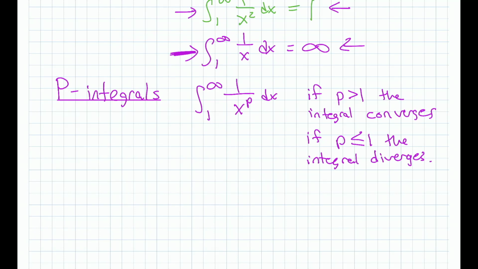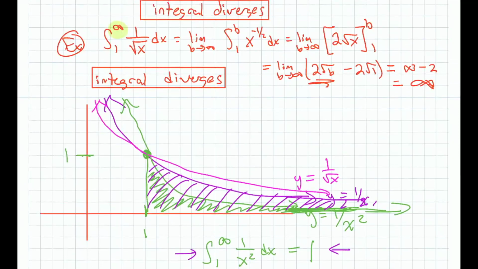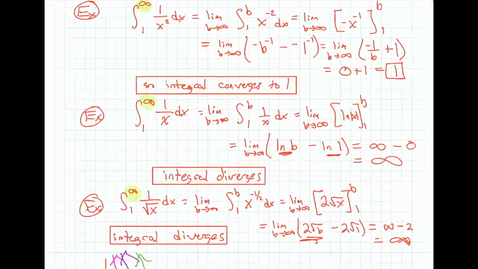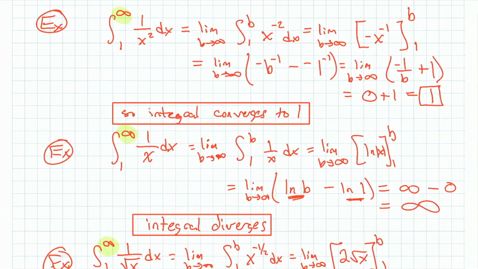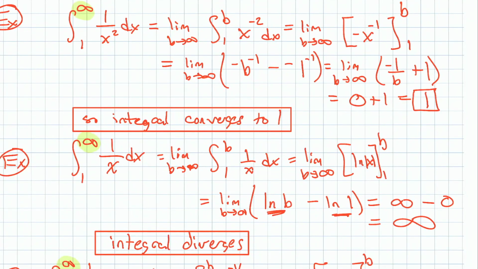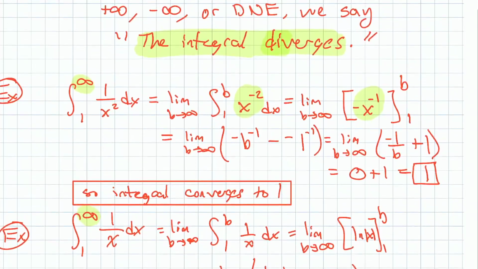Okay, and so every one of these integrals is either like the first one, the second one, or the third one, right? So the reason it worked out the way it did was because, take a look at this right here. You have a negative exponent. You do the antiderivative, and you still have a negative exponent, right?